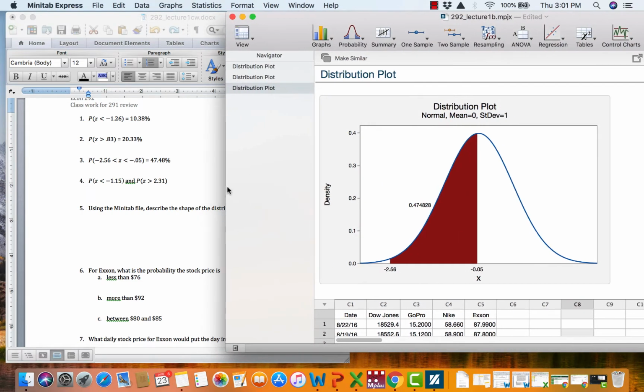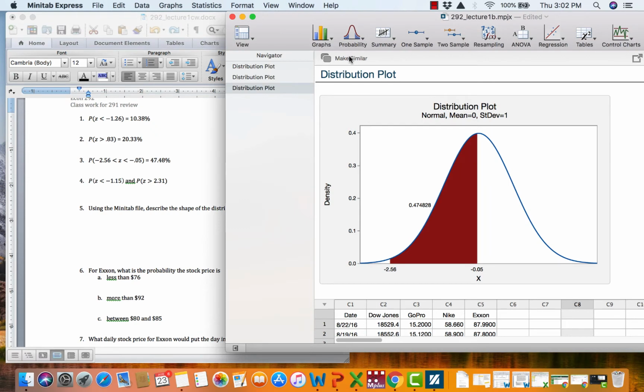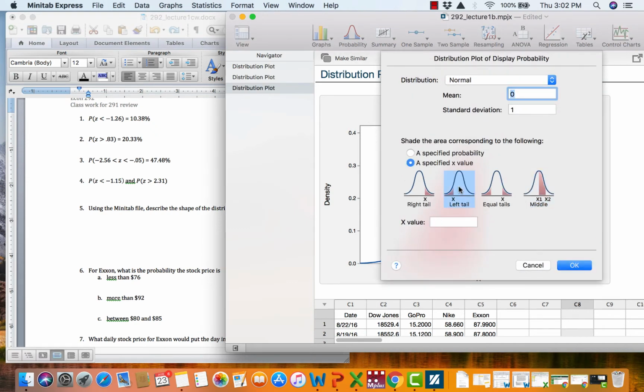All right, and now we have a little bit of a tricky one. We want the probability that z is less than negative 1.15 and the probability that z is greater than 2.31. There's a couple ways we could work this problem. I'm going to use the addition way. So we've got two problems here where we are going to want to add the probabilities. So first we find the probability that z is less than, so left tail, negative 1.15.